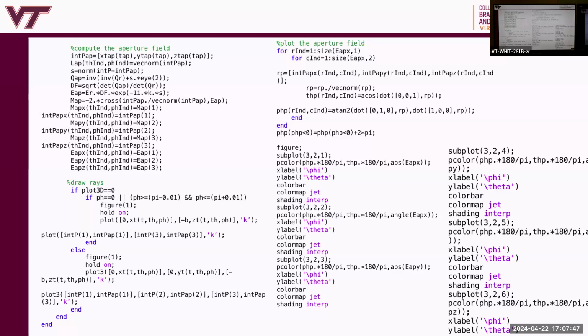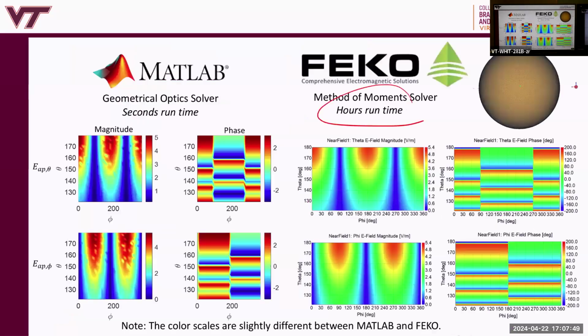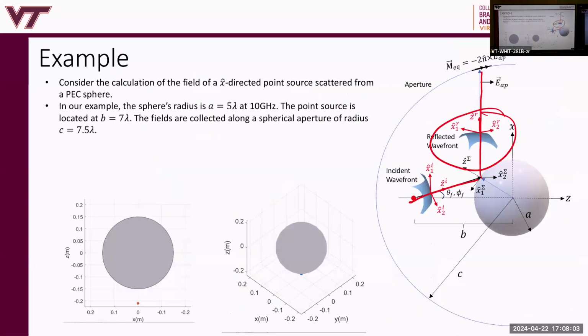I mean, just this sphere example, remember, this took hours to run. It's a 10 lambda diameter sphere. And this took only a few seconds in MATLAB. So I still didn't get how the field goes to the shadow region. We don't calculate shadow, right? So the rays, remember, if you look at this, the rays are only going to intersect in the front here, right? They can't go to the shadow.